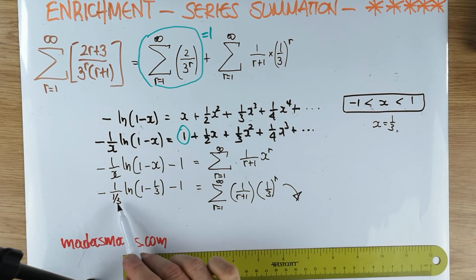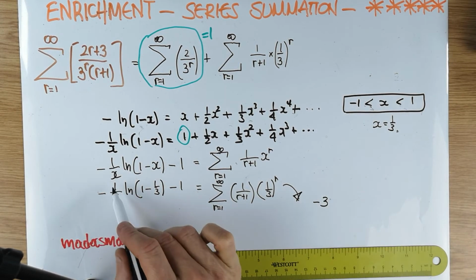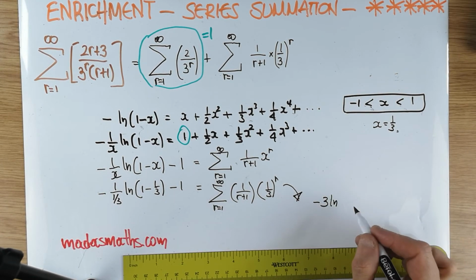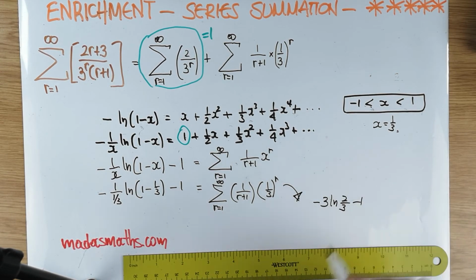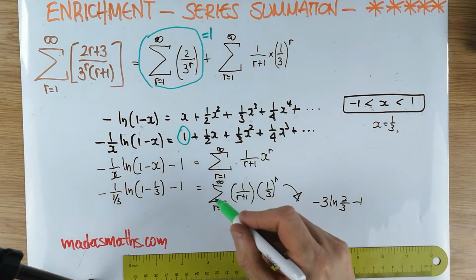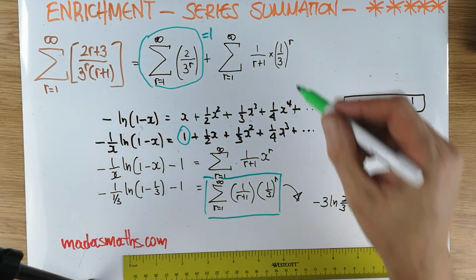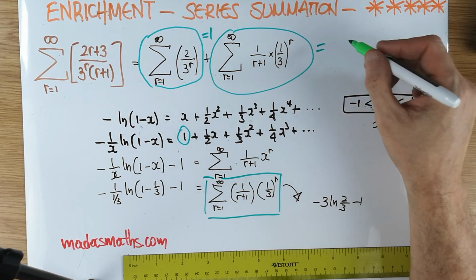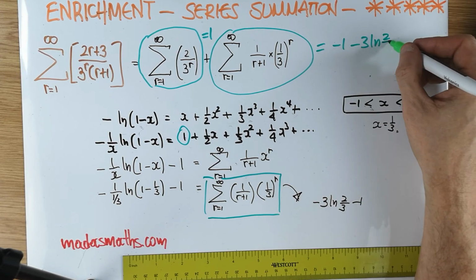What is that? Well, that is in fact equal to negative 3, because 1 divided by a third is 3, with a minus log of 2/3. Minus 1. So in fact, I just found, because this is what I was after, this quantity here is equal to minus 1 minus 3 log of 2/3.